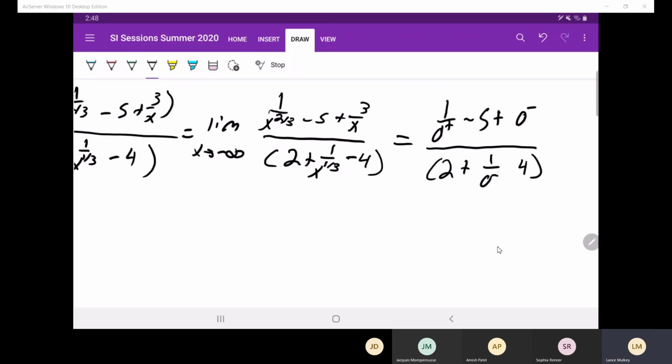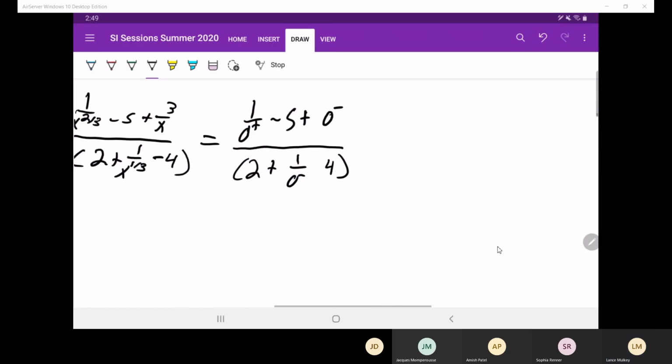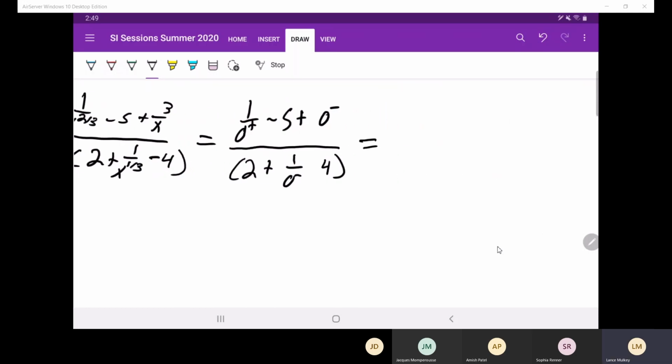And what does 1 over 0 minus mean? Correct. So this right here is going to equal... that doesn't seem right though, does it?